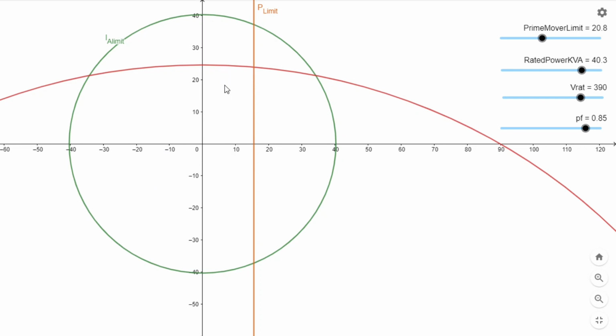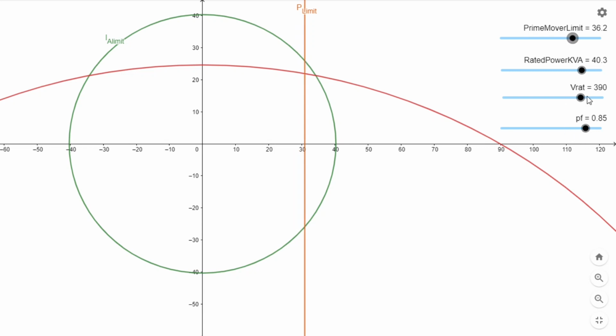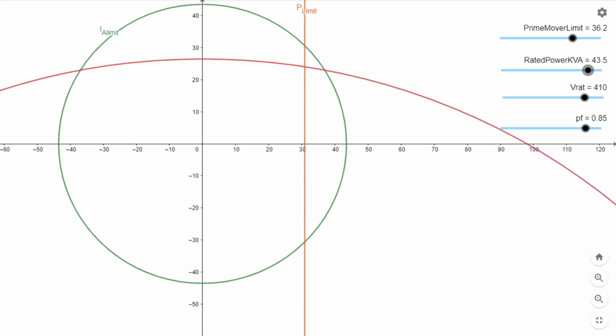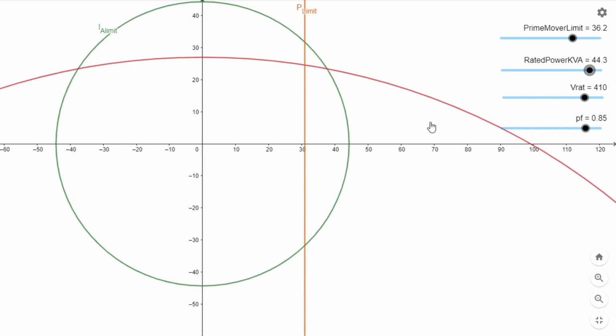It can have a lagging current, which is above, or a leading current, which is negative. That is, it is consuming, right? So those are our various limits in terms of generator capacity. So in order for us to understand it a bit better, let's work on an example.